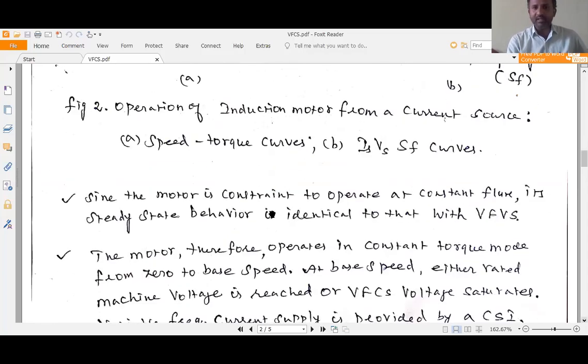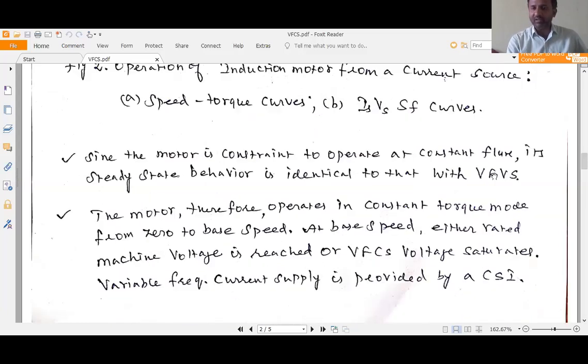Since the motor is constrained to operate at constant flux, denoted as Im, its steady state behavior is identical to that with variable frequency and variable voltage source. We have converted the voltage source into current source, because this is a variable frequency current source inverter, in order to draw the performance characteristics of the current source inverter.